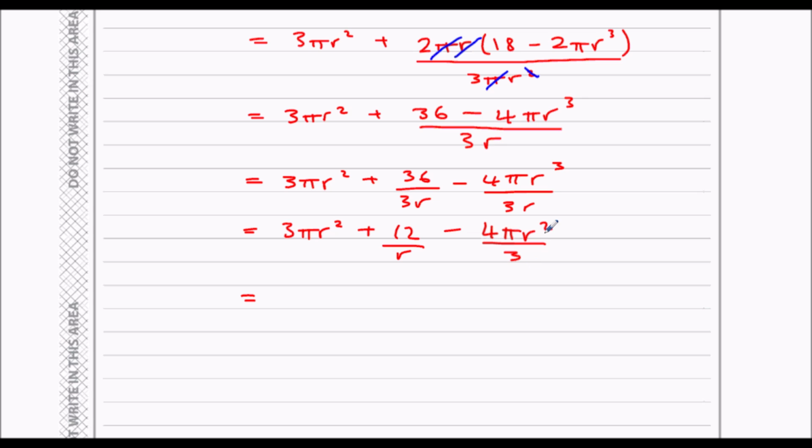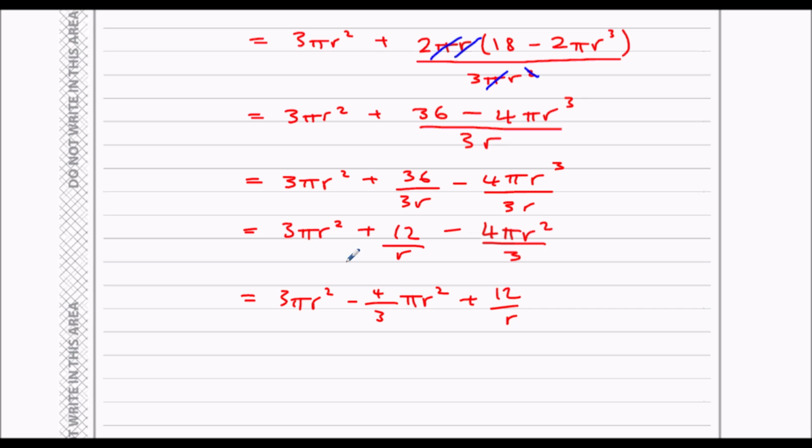So this is the same as 4/3 pi r squared. So I've got 3 pi r squared minus 4/3 pi r squared plus 12 over r. 3 of something, take away 4/3 of something. So 3 is 9/3.